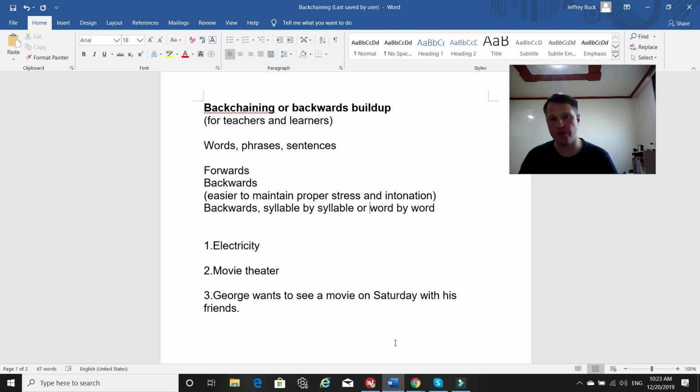On Saturday with his friends. Movie on Saturday with his friends. A movie on Saturday with his friends. See a movie on Saturday with his friends. To see a movie on Saturday with his friends. Wants to see a movie on Saturday with his friends. George wants to see a movie on Saturday with his friends.